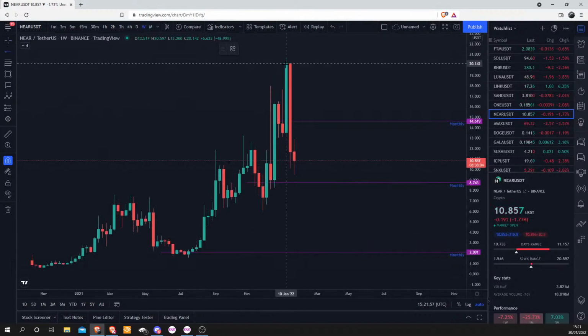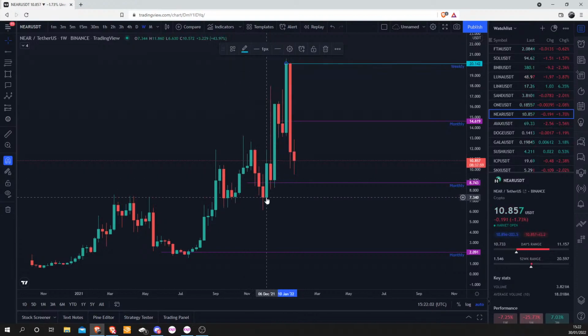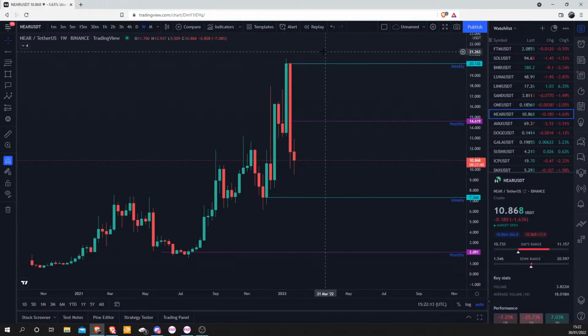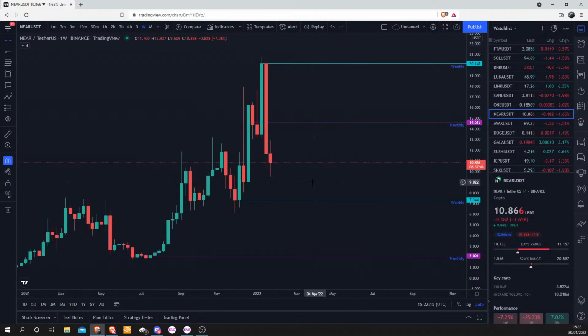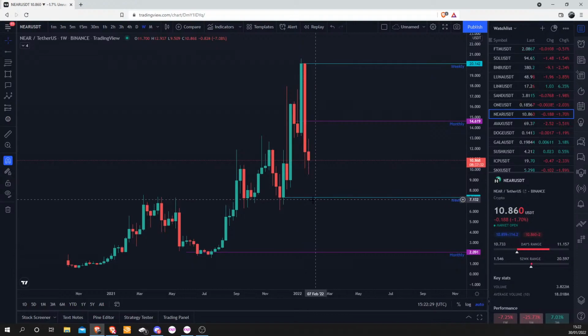Wow. Okay, I don't like that monthly. I like that. I don't like Q. This weekly is nice. Support, resistance. Like that is a big level.